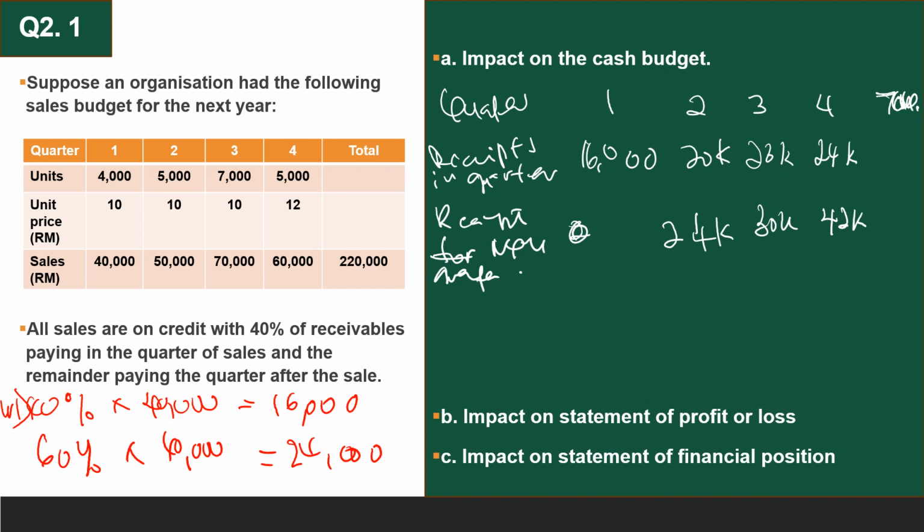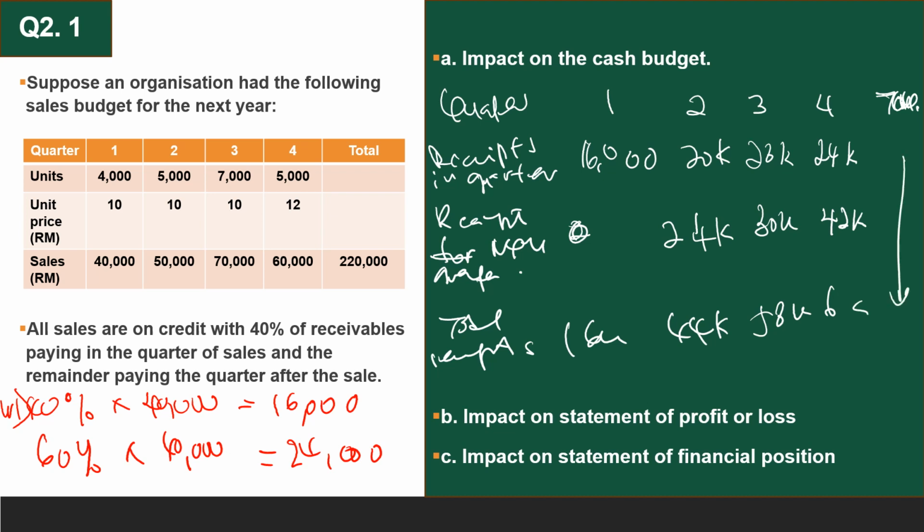Then the total receipts of your cash budget are: first quarter 16K, second quarter 44K, third quarter 58K, fourth quarter 66K, and the total becomes 184,000. So this is your cash budget for each quarter and for that particular year.